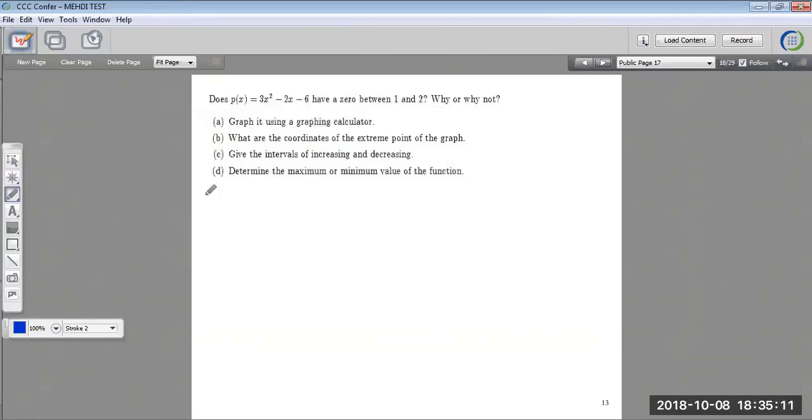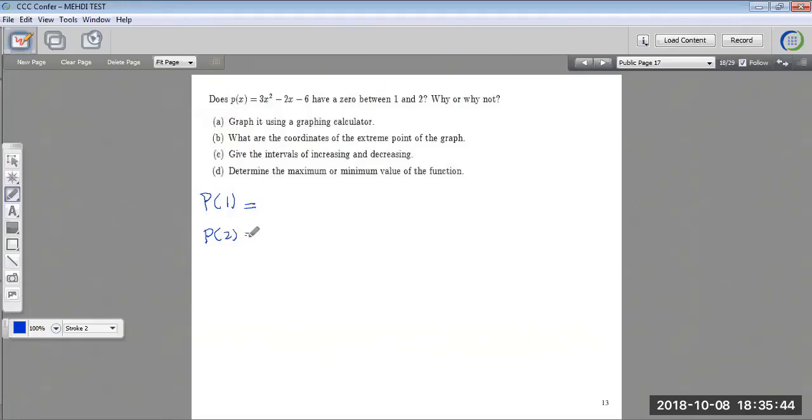If I calculate P of 1 and also calculate P of 2, if you recall, we had the intermediate value theorem, which means if P of a and P of b are opposite in sign, the graph is going to intercept the x-axis at some point.